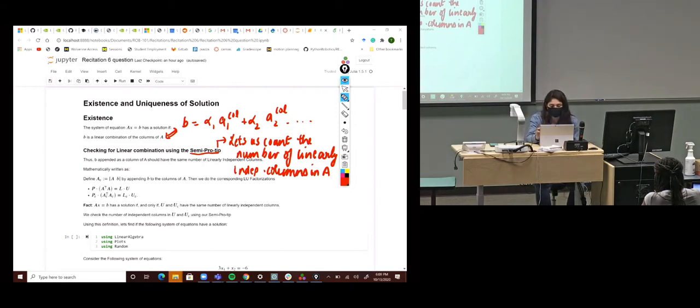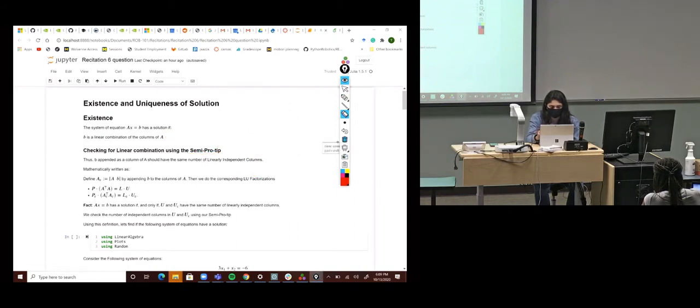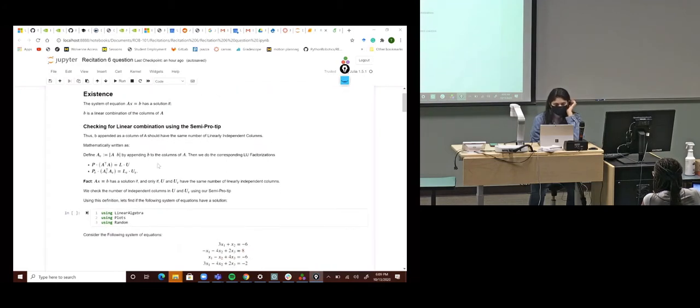How we will use it to get our solutions is we're going to use it to get somehow a relation between the linear combination of columns of A and the fact that we can find the number of linearly independent columns given a matrix.